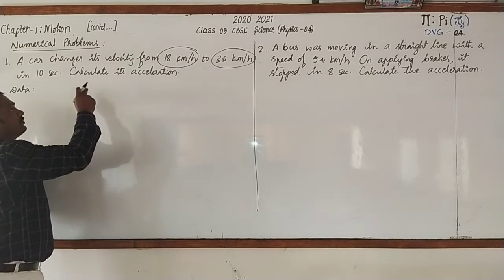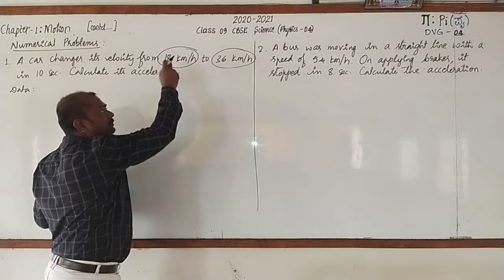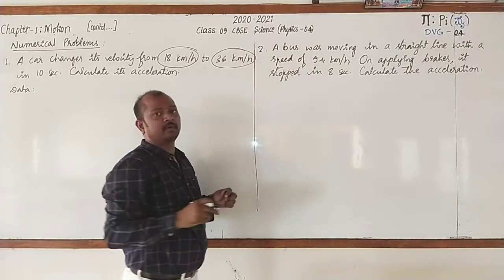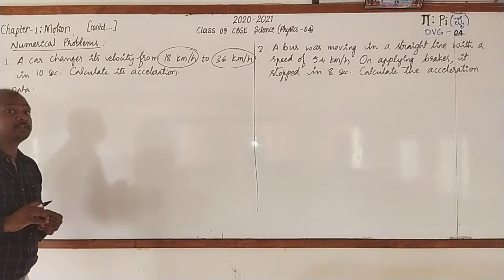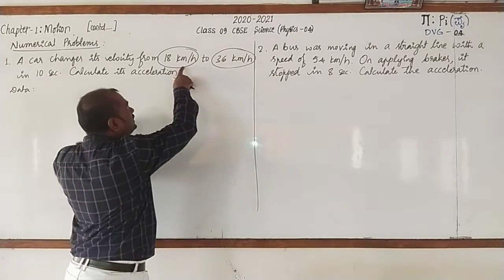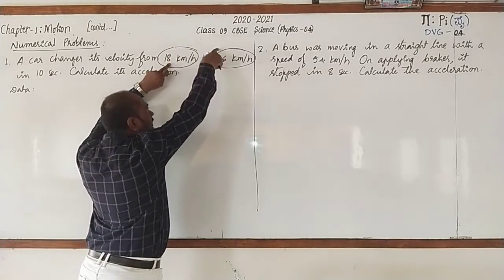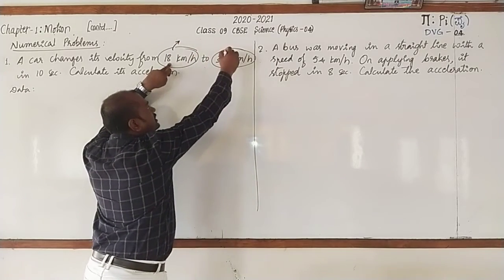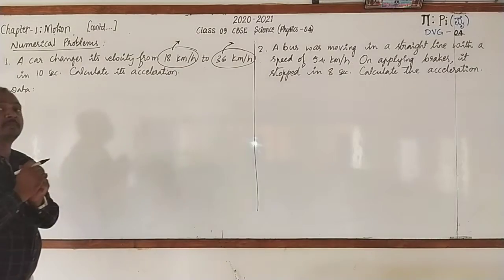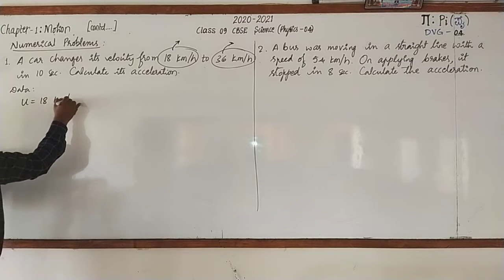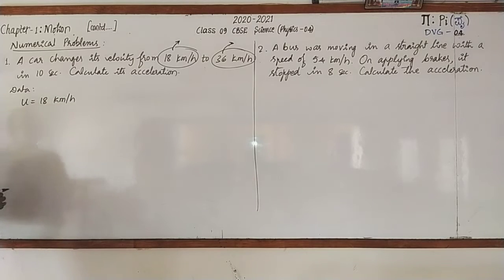Then, 18 km per hour, you may say that it is velocity, right? 36 km per hour, that is also velocity. But you can come to know that it is changing its velocity from 18 to 36 km per hour. Then 18 is the initial speed and 36 is the final speed. Therefore, we can write u is equal to 18 km per hour, initial velocity.